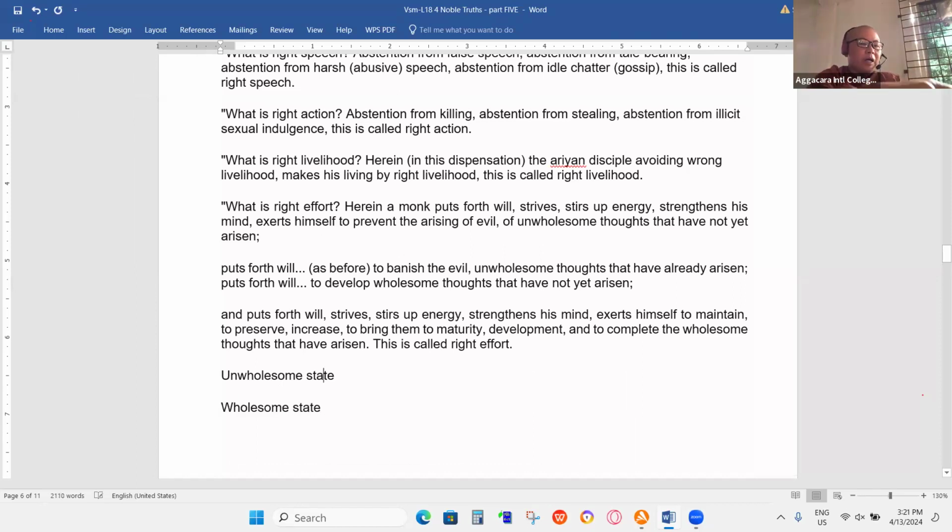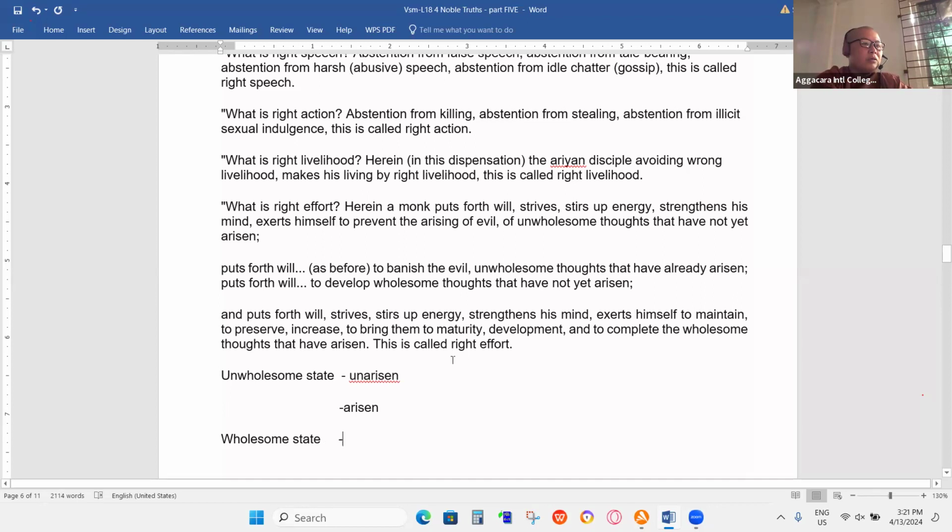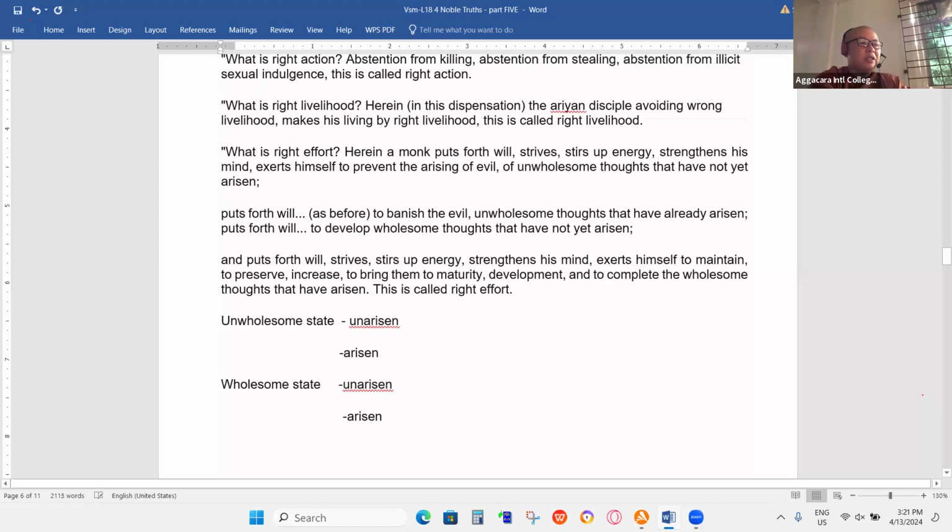So for the unwholesome state, the first one is that which has not arisen. Another one is arisen. Wholesome will also be unarisen and arisen. If you can think about it in this way, it's easy, right?